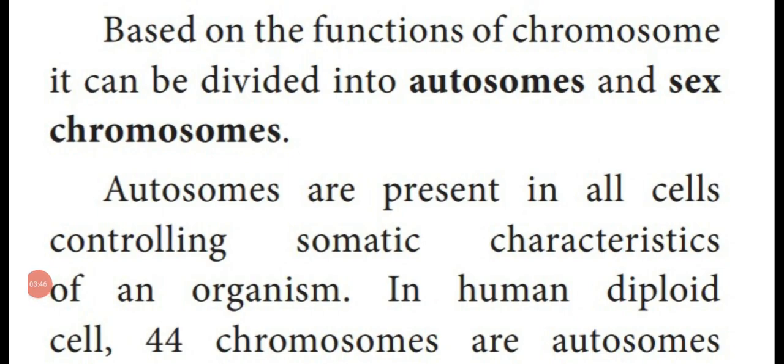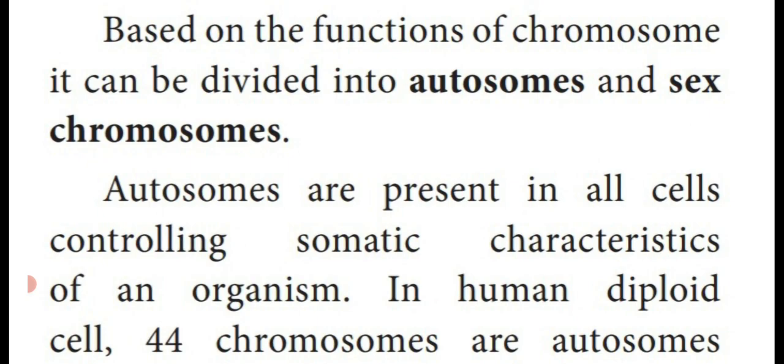Dear students, based on the centromere position, the chromosome is divided into different types: telocentric, acrocentric, metacentric and submetacentric. The next classification is based on the function. Chromosome is divided into 2 types.